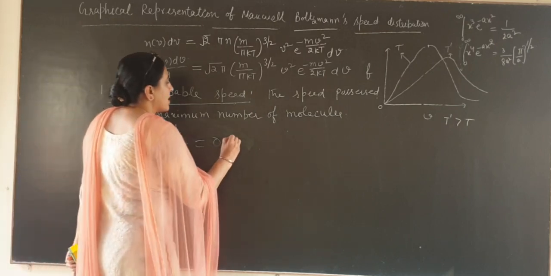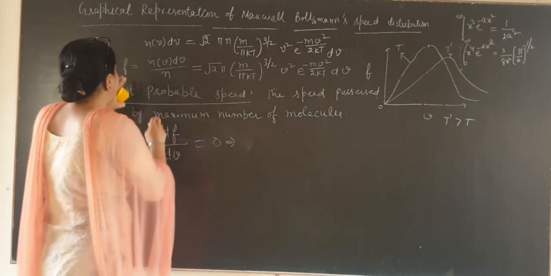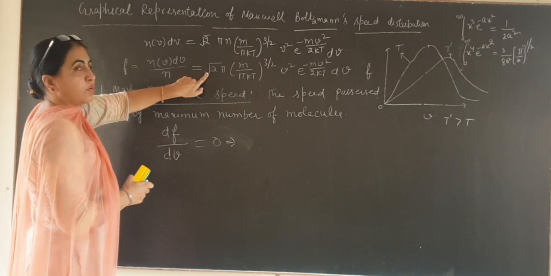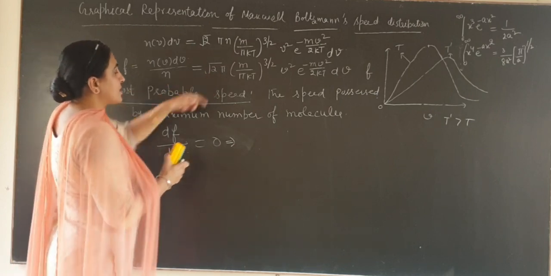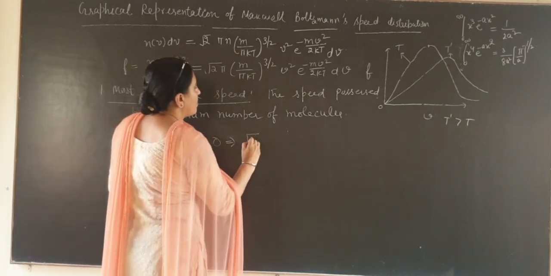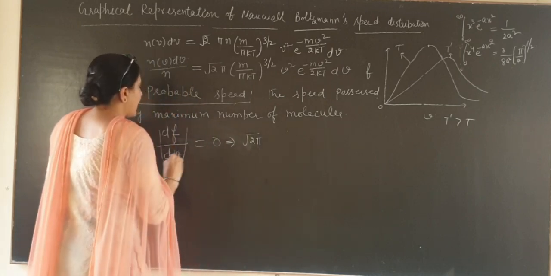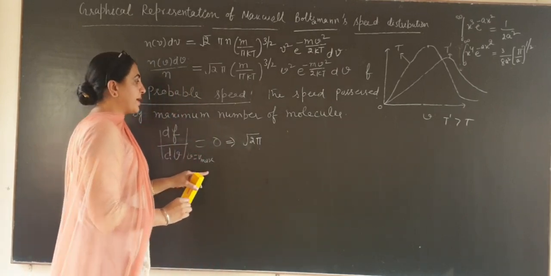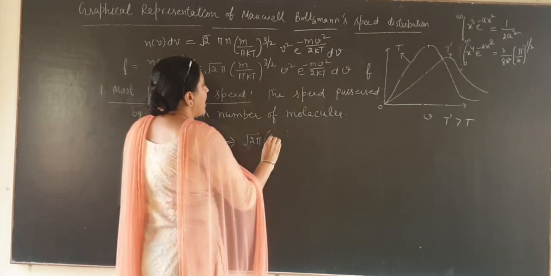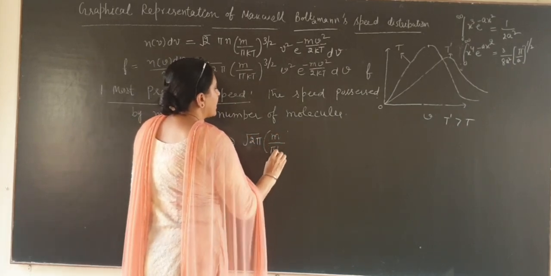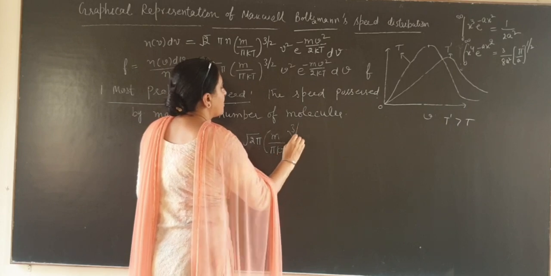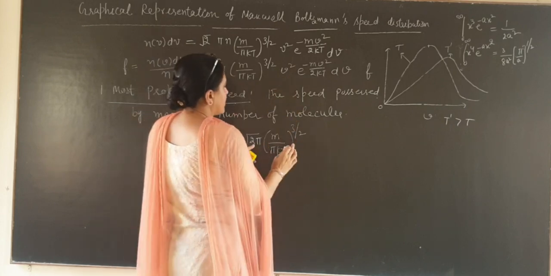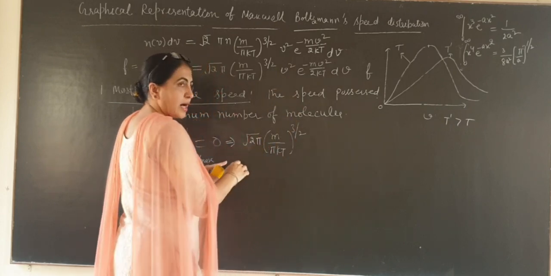So this implies now the derivative of this term with respect to v. This is a constant, under root 2 pi, at v equal to v maximum. Under root 2 pi m over pi kT raised to power 3 by 2, the derivative of this constant term, so I take it outside.